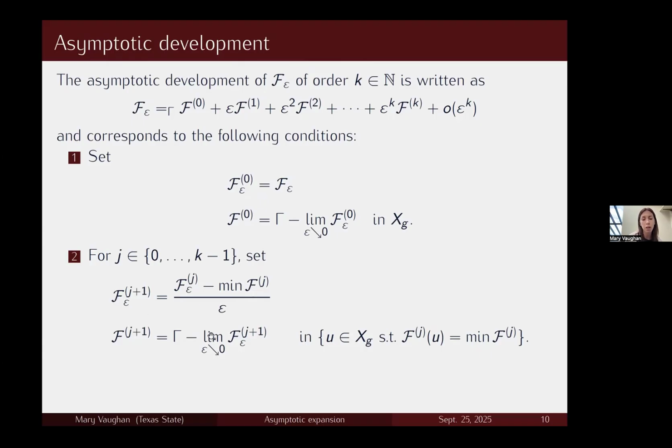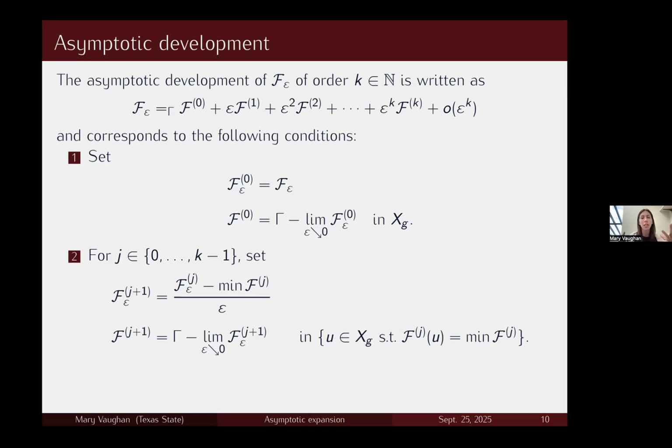And then I look at the gamma convergence of that new functional, and if that gamma converges, that gives me the first order term in my asymptotic development. And then you proceed in the same way. You take F epsilon 1 minus the minimum of F1, divide by epsilon. So that's how we make sense of these difference quotients. And it's enough to look at this gamma convergence in the class of functions where the minimum is attained, because outside of that, you can reduce down to this case, I should say.